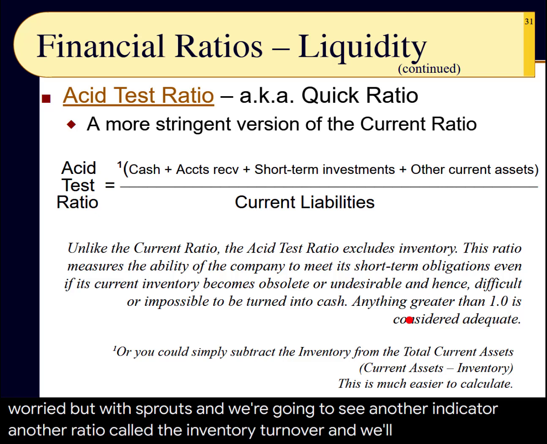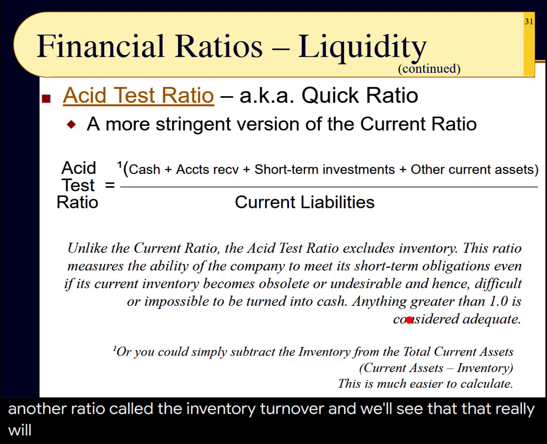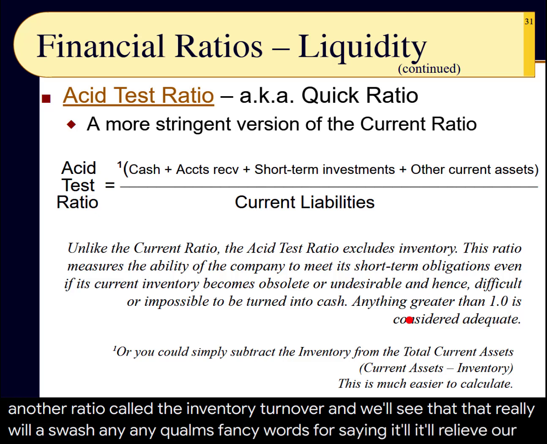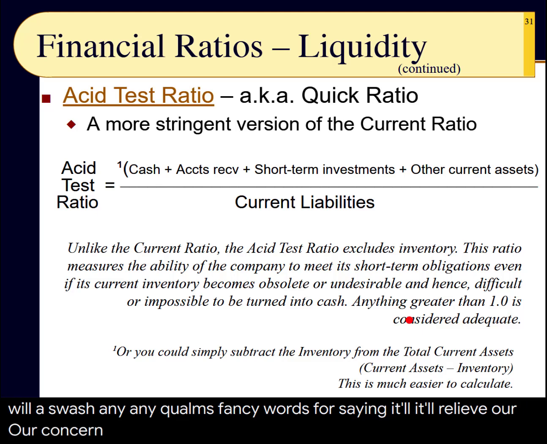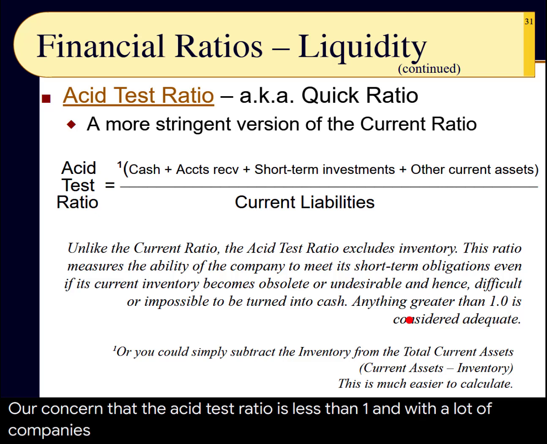And we'll see that really will assuage any qualms, fancy words for saying it'll relieve our concern that the acid test ratio is less than 1. And with a lot of companies, it's often less than 1 because their inventory doesn't go obsolete.